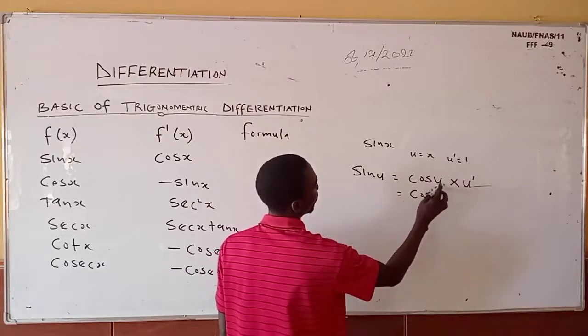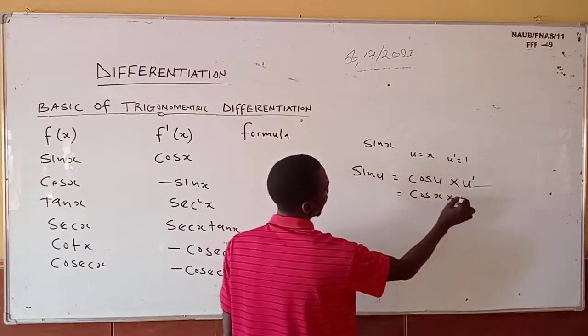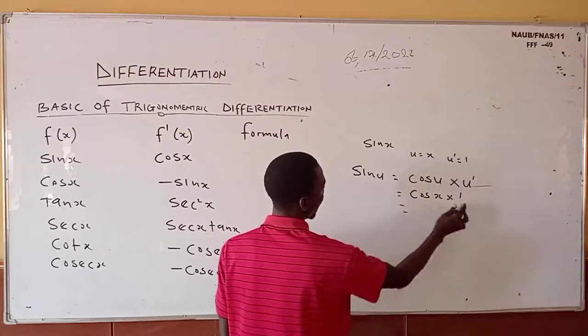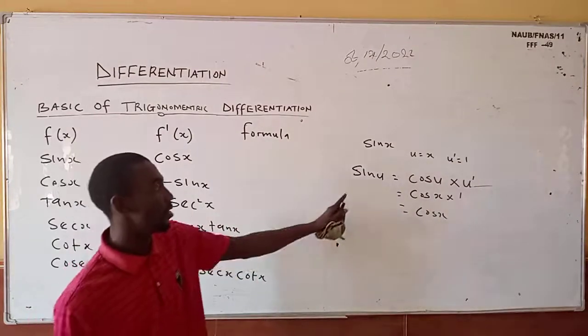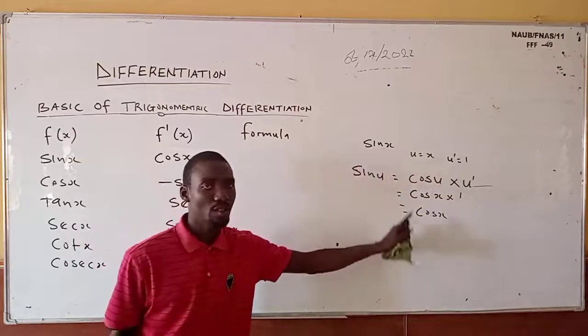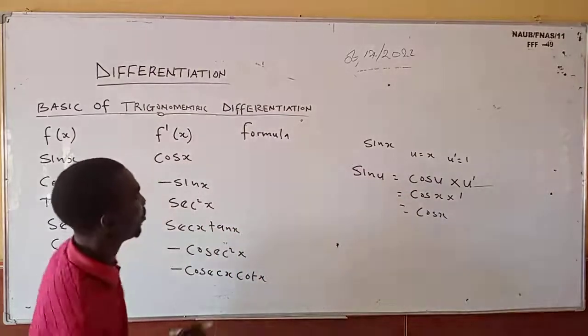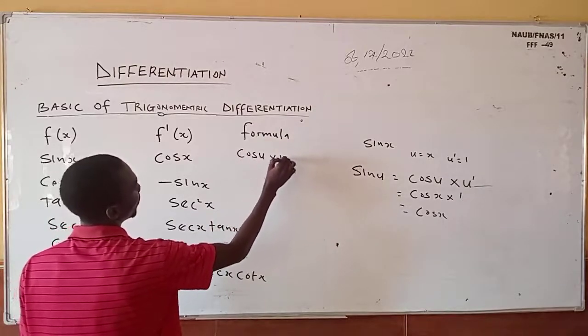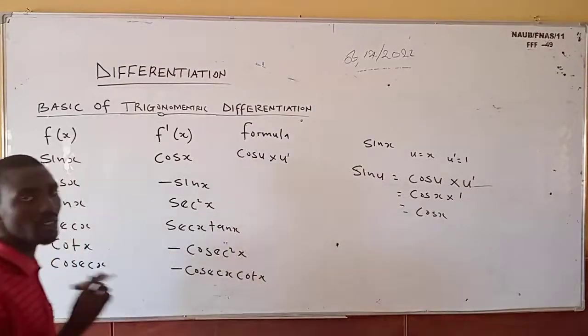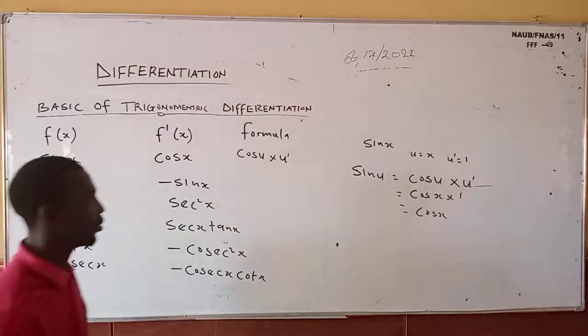We are going to have cos u, which is cos s, times u prime, which is 1. So 1 times cos s is cos s. So if we differentiate sine s, we have cos s. Do you understand? So now the formula will be in the form of cos u times u prime. You get that?